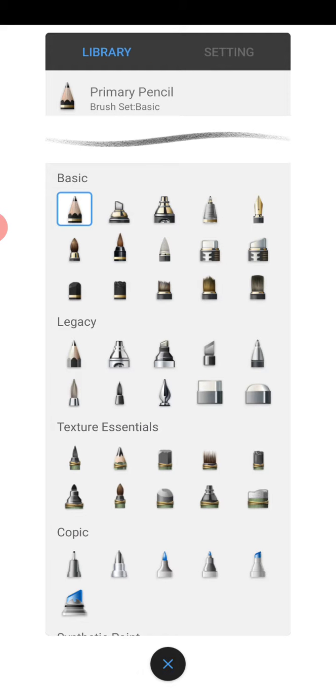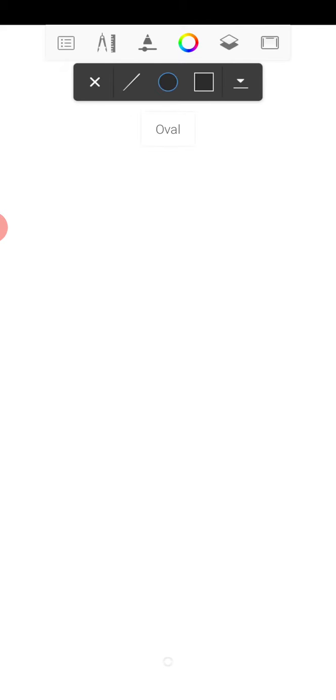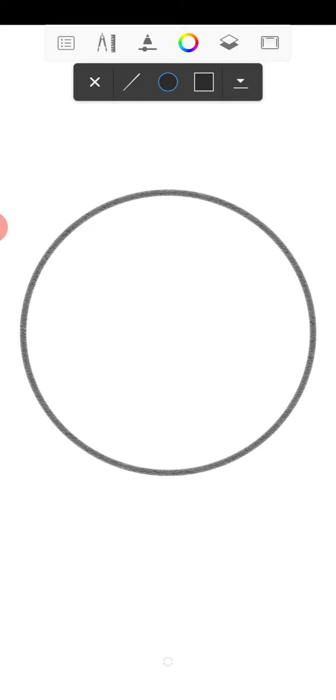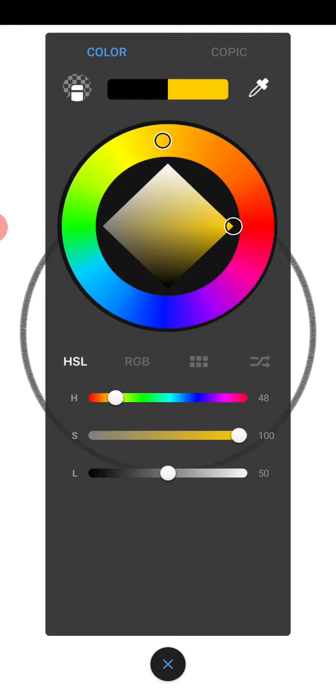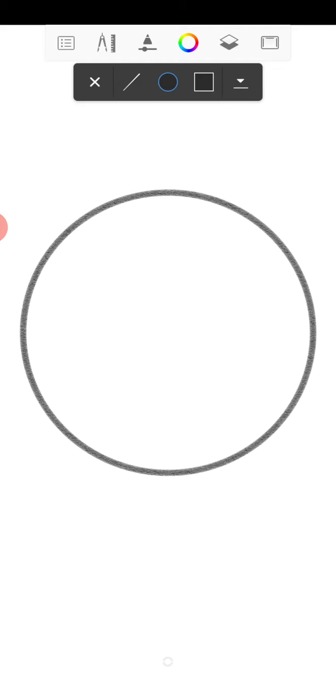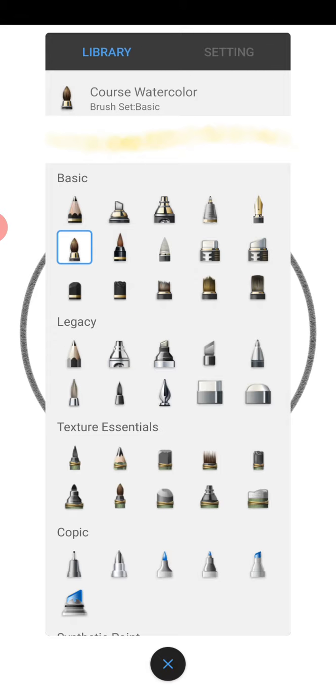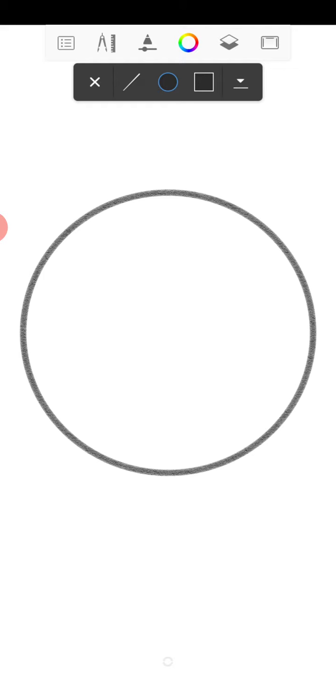Let's first draw a pizza. We will give the pizza some color.